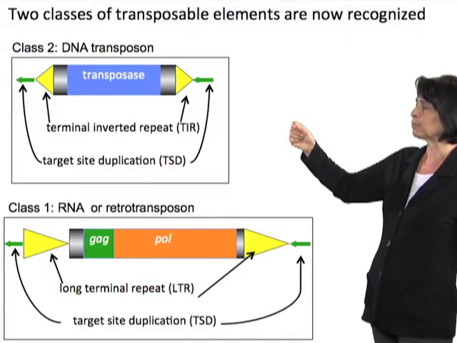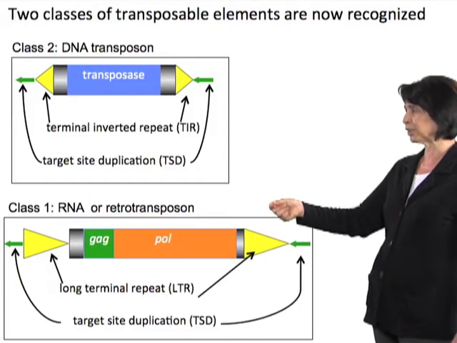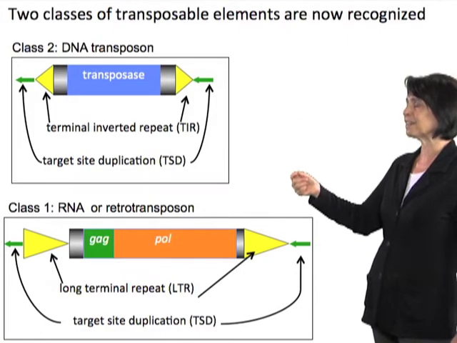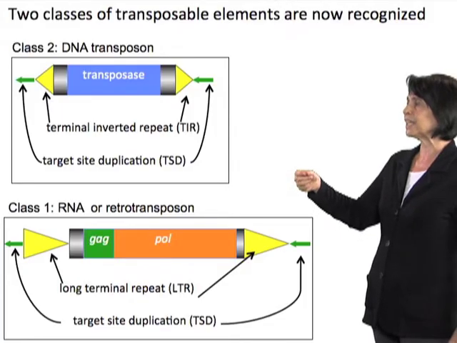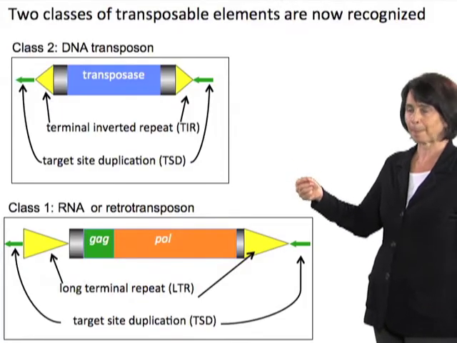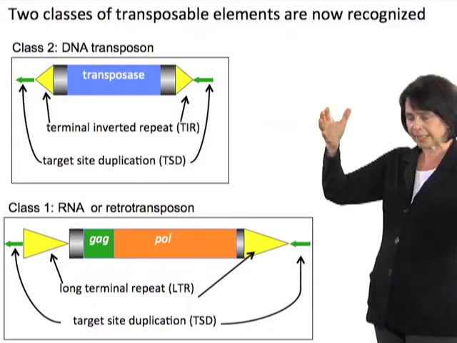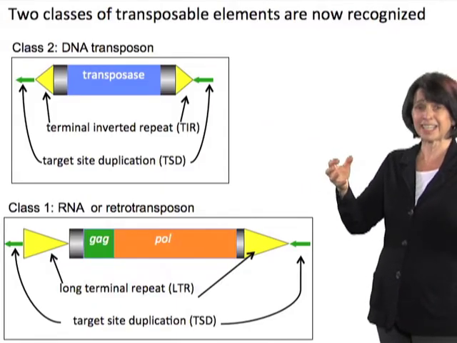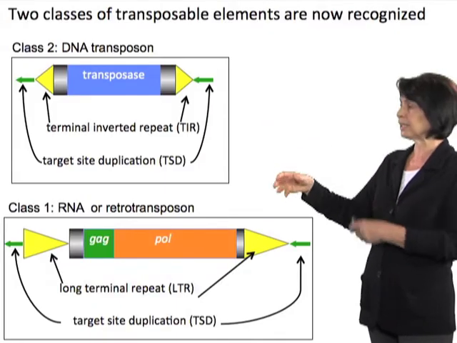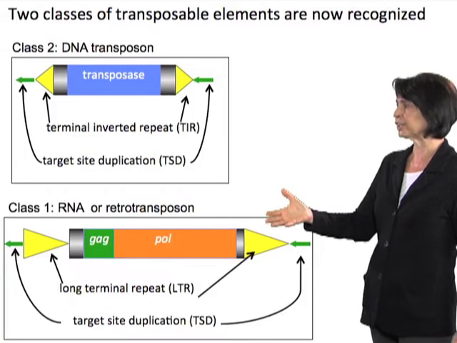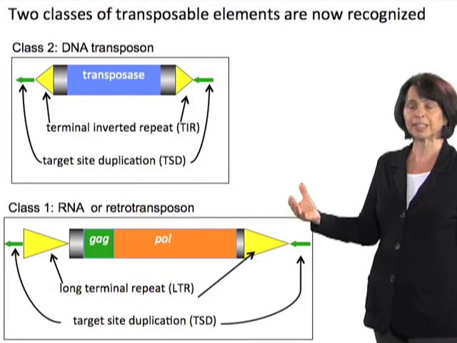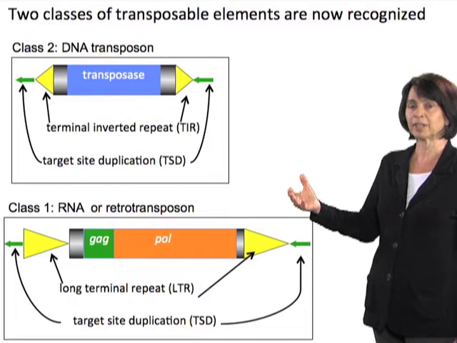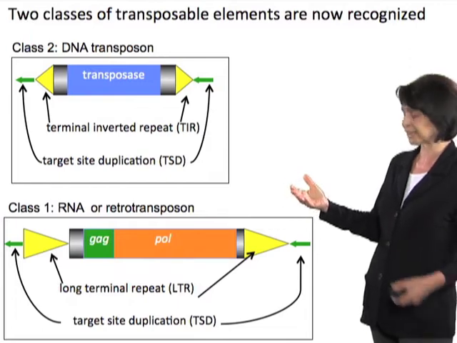And as you see, I'm calling them DNA transposons and RNA transposons. Now the reason is they're named for the intermediate in transposition. So a DNA transposon excises from one site as a DNA element and moves elsewhere. In contrast, for an RNA transposon or retrotransposon, the intermediate is RNA. And I've summarized that in the next slide.